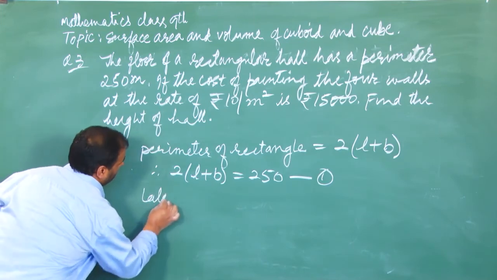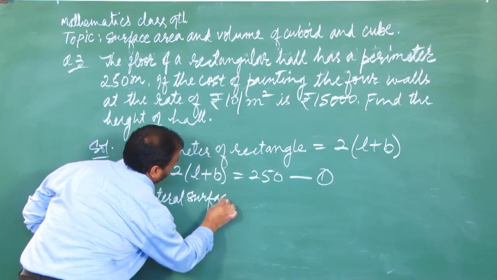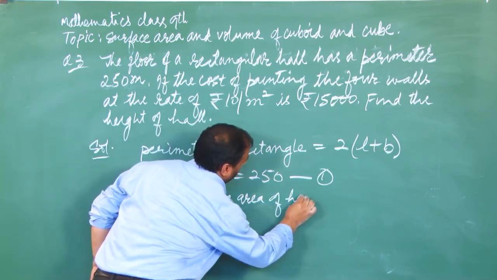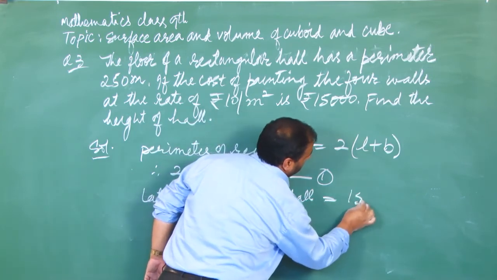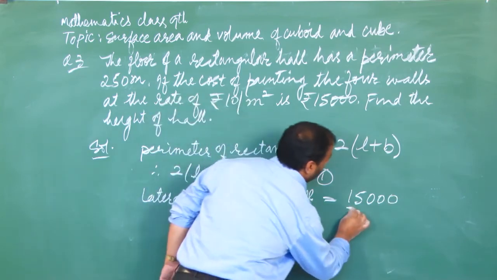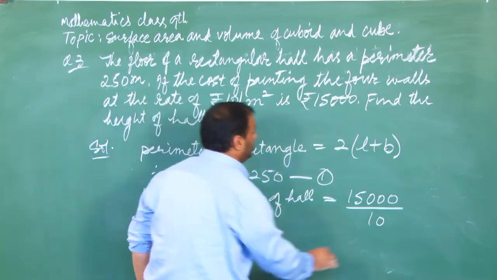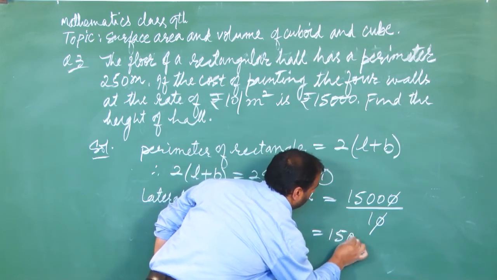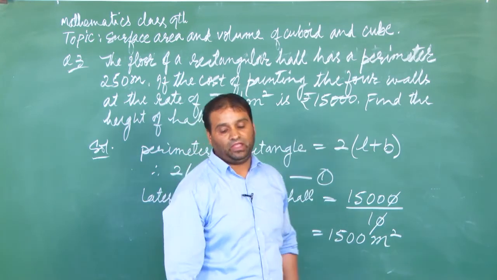Lateral surface area of hall is equal to total cost that went into the painting of the hall divided by the cost of painting per meter square, that is rupees 10. If you divide this, you will get the area of 4 walls of the hall. This is 1500 meters square.